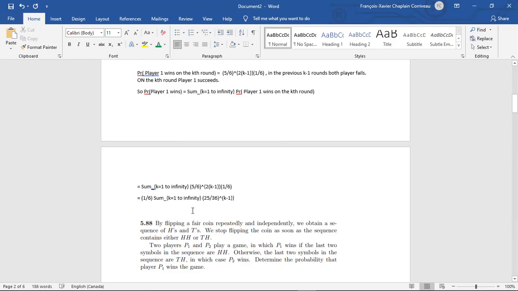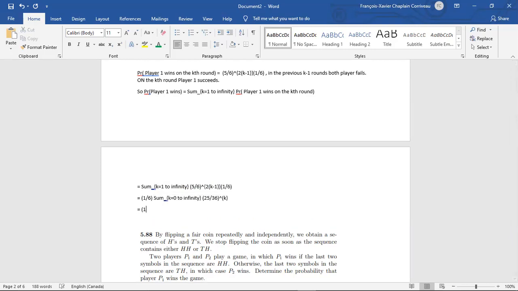And now, how do I modify this? Well, a geometric series starts at zero. Can I just shift this index to 0? The answer is yes. When k is equal to 1, you have 0. When k is equal to 2, you have 1. So you can just make the shift. So instead, you can start at 0, and then you can put a k here. It's the same summation. Now this really looks like a geometric series, and you have a formula for this type of series, right?